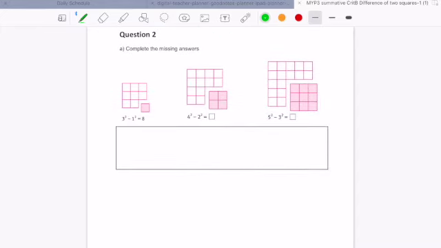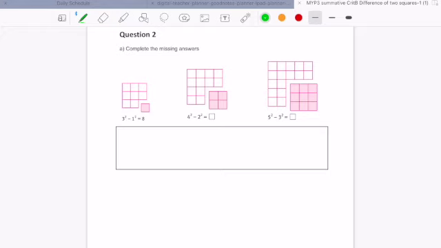Question 2. First thing you again had to do is fill out the missing gaps. Number 1 here is done for you already. 3 squared take away 1 squared is 8. Second one, 4 squared take away 2 squared.